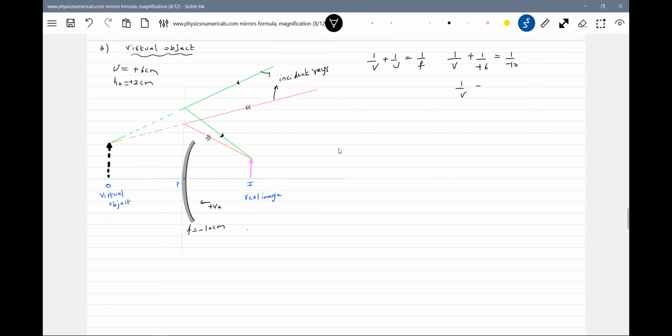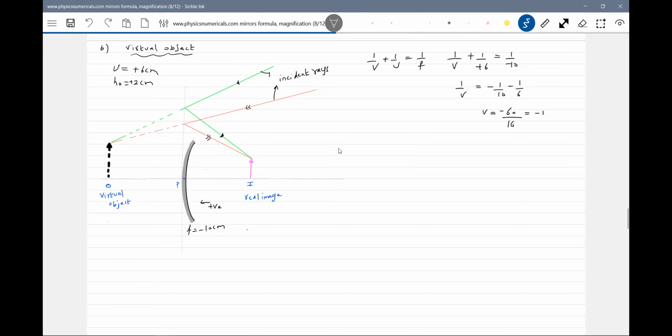1 by V equals, so V equal to 60 by 16. It will be negative. So this should be equal to 30 by 8, that is 15 by 4. V equals 3.75 centimeter.